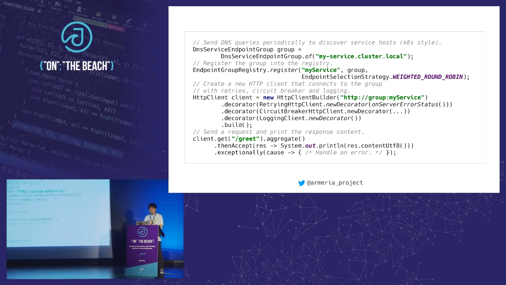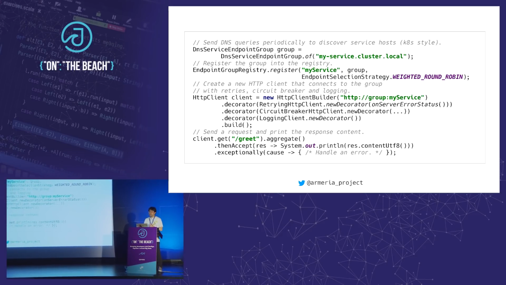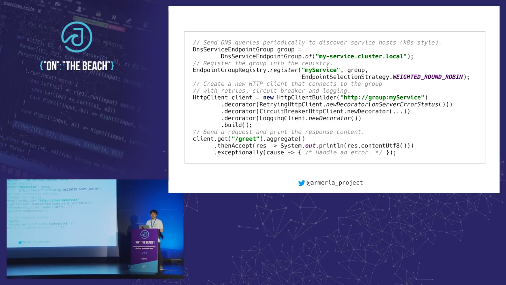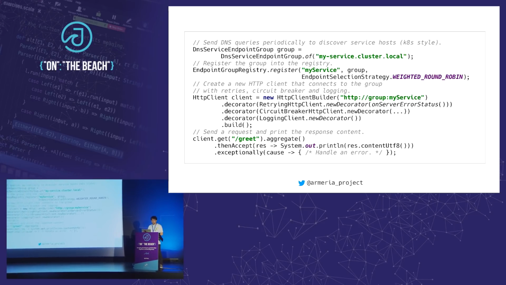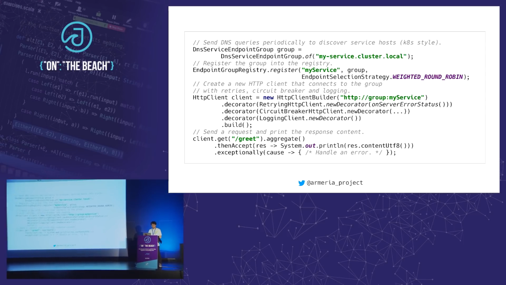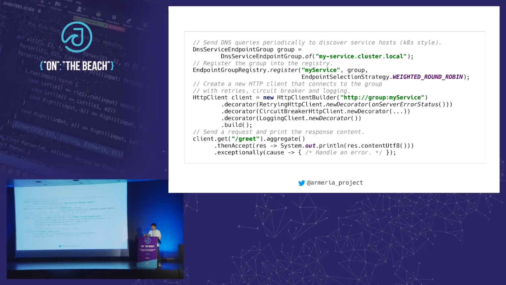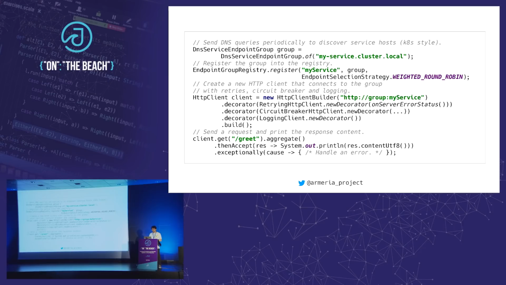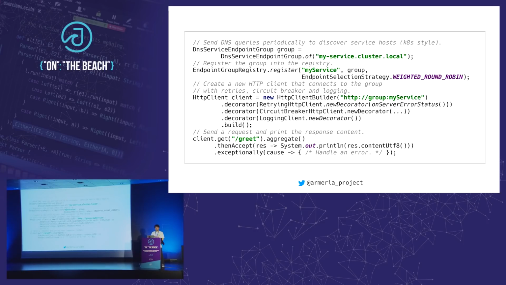full example. So when you are using Kubernetes, you discover your services using DNS queries. See, in this case, we define DNS service endpoint group under the domain name of myservice.cluster.local. And then you register it with weighted round-robin strategy and register the endpoint with the name myservice.